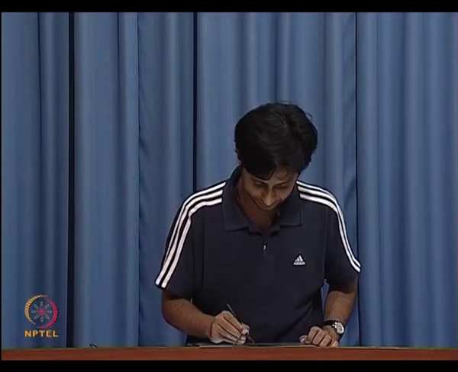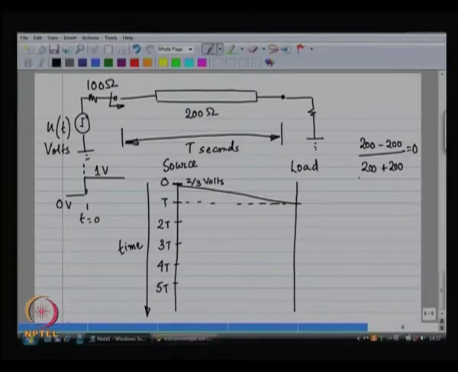What if the load is not 200 ohms? What if the load is 100 ohms? If the load is going to be 100 ohms, then I need to modify my computation of the reflection coefficient. 100 minus 200 by 100 plus 200, and that is going to give me minus 1/3.